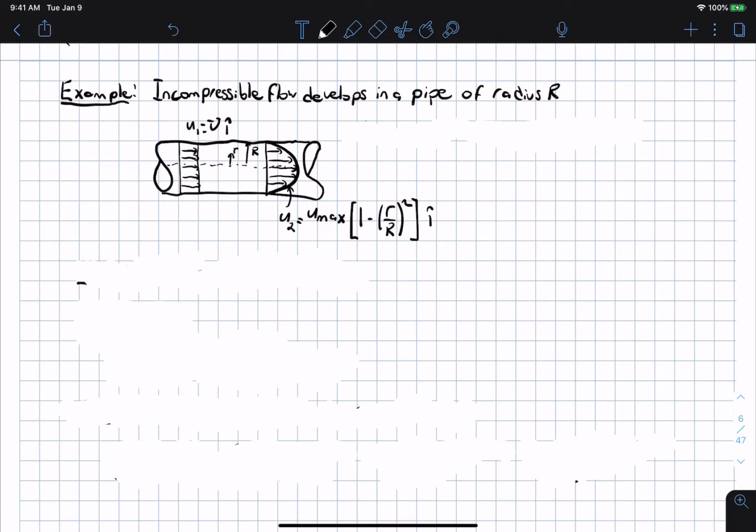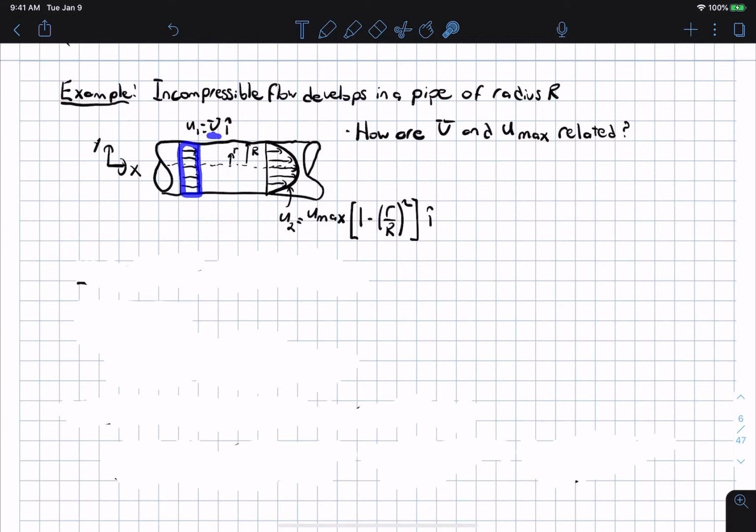Okay, and I'm going to define x, and then I'll just call this y. Well, you should use a cylindrical coordinate system, but I'll just call that y for the purposes of this class.